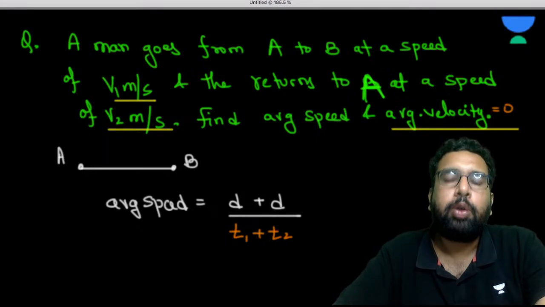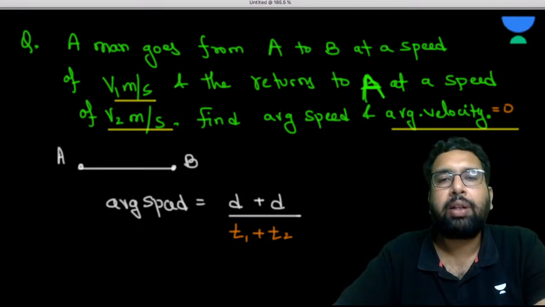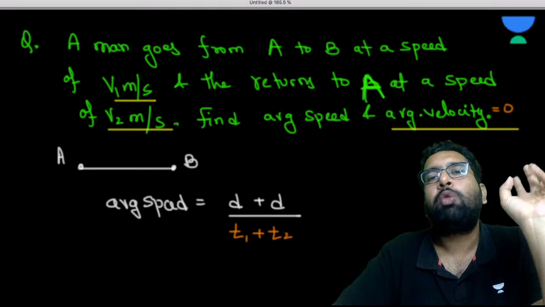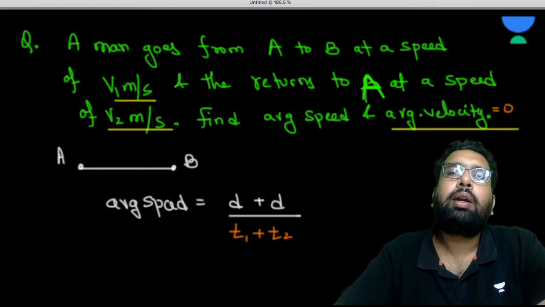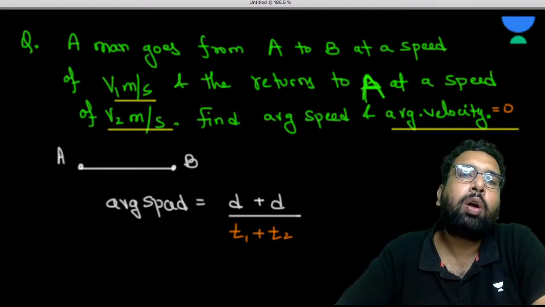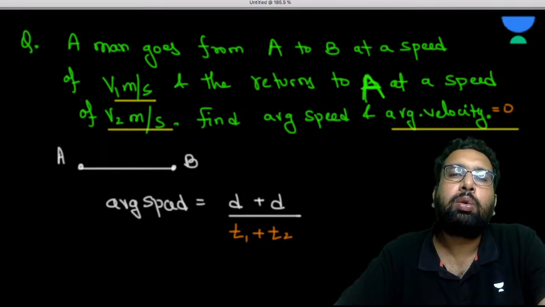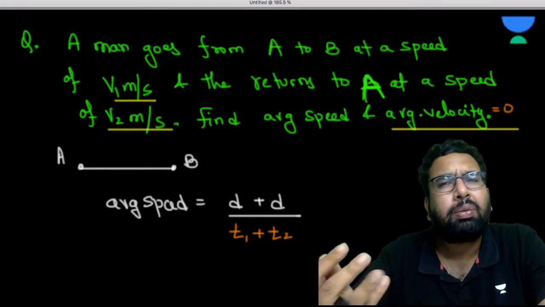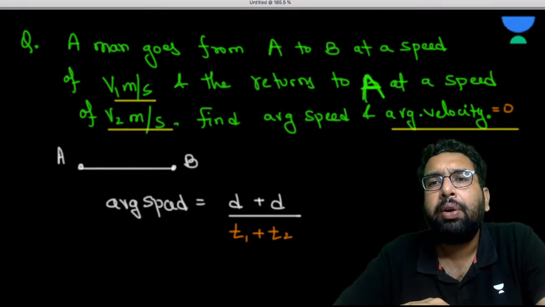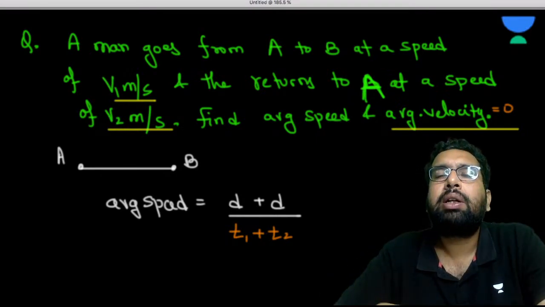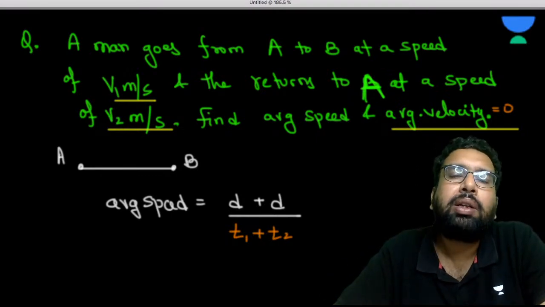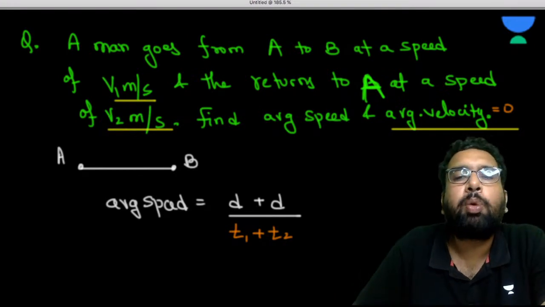You are going to your friend's home, you go by walking, and while returning, your friend has dropped you on his motorcycle. Are both going to take the same time for the same distance? No. So when speed is different, the time is different, right? Now what is the time? Speed is equal to distance upon time, so time is distance upon speed.